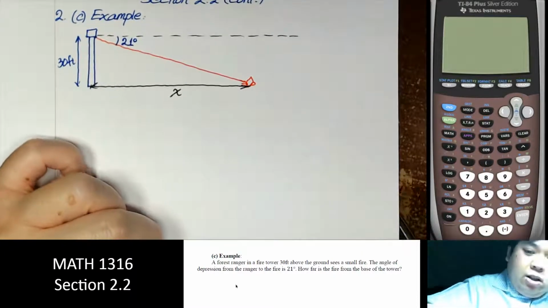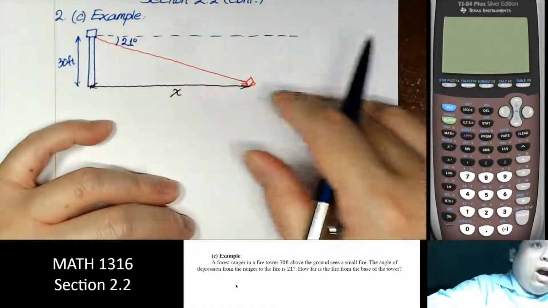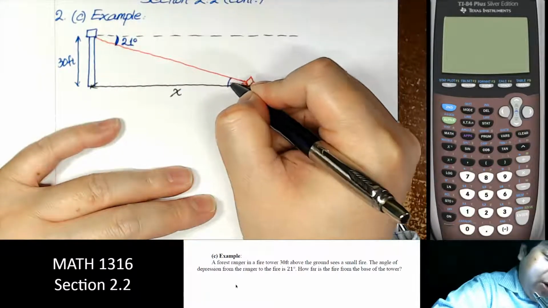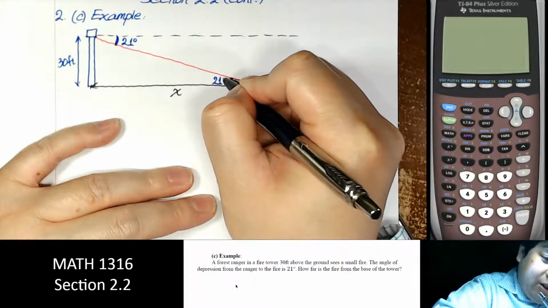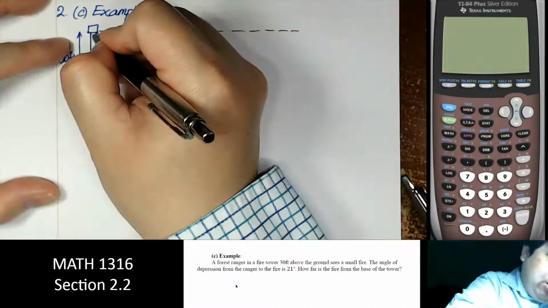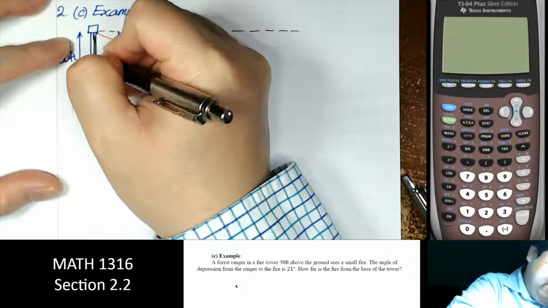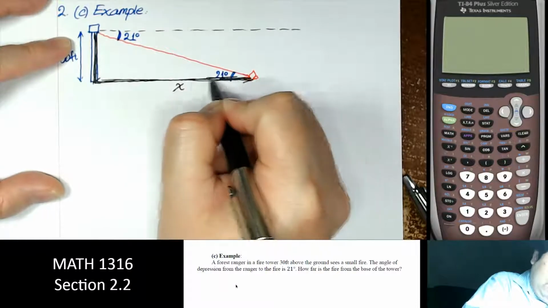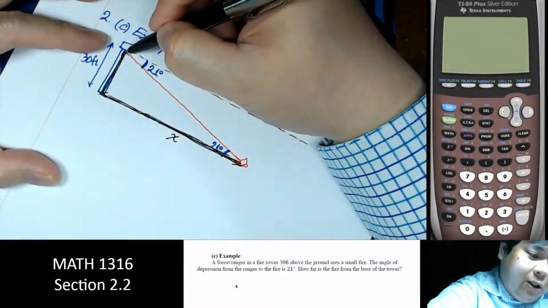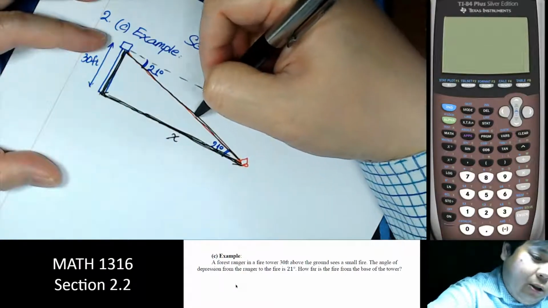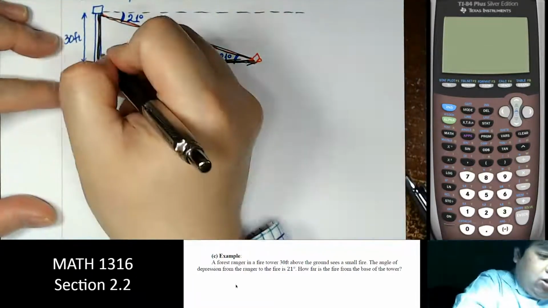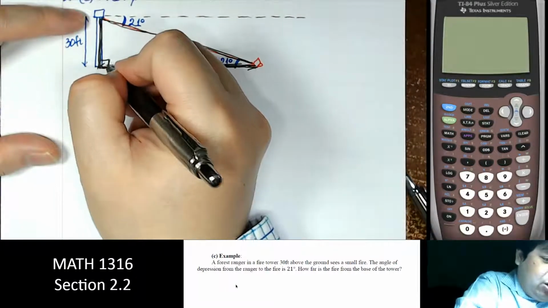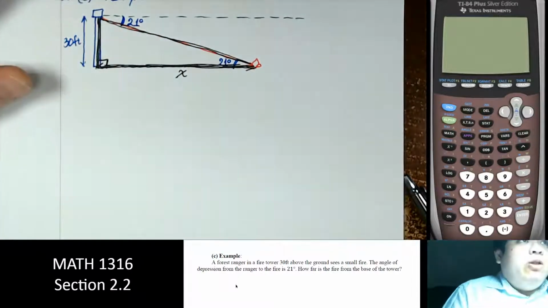First, the horizontal line and the ground level, assume that they are parallel. So that angle is 21 degrees, and this angle is also 21 degrees. Now we focus on this triangle, and that triangle is a right triangle. We assume that the tower is built vertically, meaning 90 degrees with the ground level.